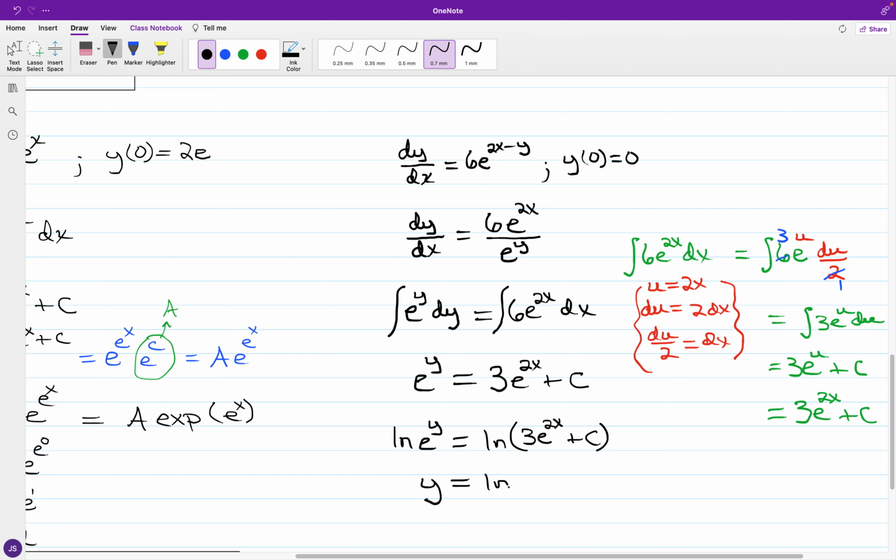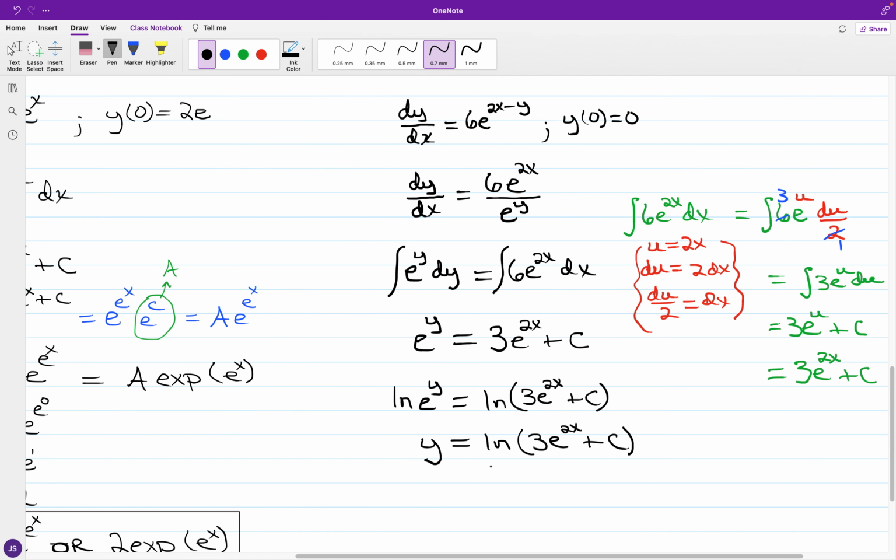And we have is equal to the natural logarithm of 3 times e to the 2x, followed by the constant, and specifying what the constant will be so as to attain y at 0 whenever x is at 0.